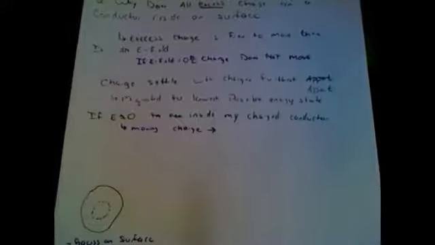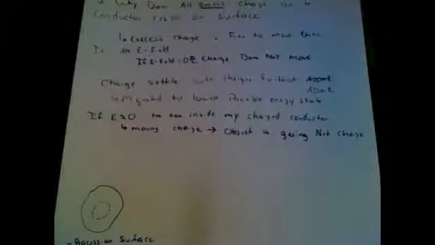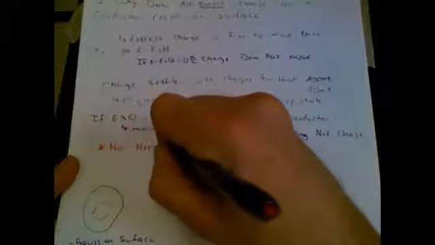That would mean the surface of my conductor would be continually changing charge. That would mean my object is gaining a net charge, because I'd have some charge flow due to my electric field. Since that's not happening, there is no net electric field inside my conductor.